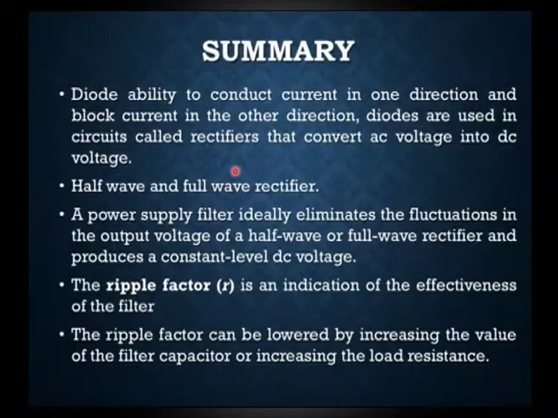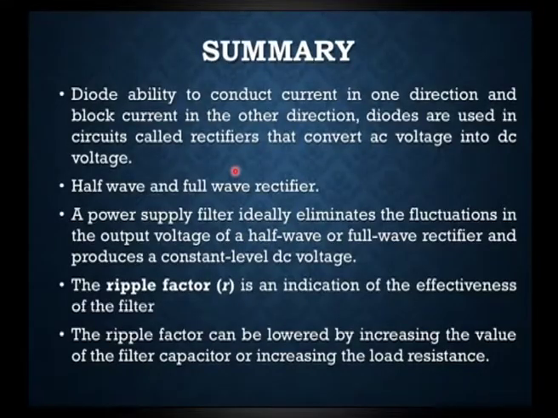We also studied filters, which are very useful in electronic circuits and eliminate the fluctuation found in the supply. This small amount of fluctuation is called ripple, and it can be eliminated with the help of filters. We studied the simple capacitor filter.